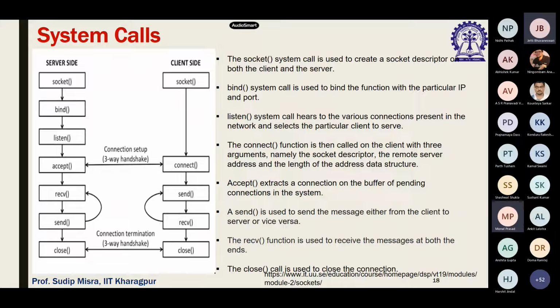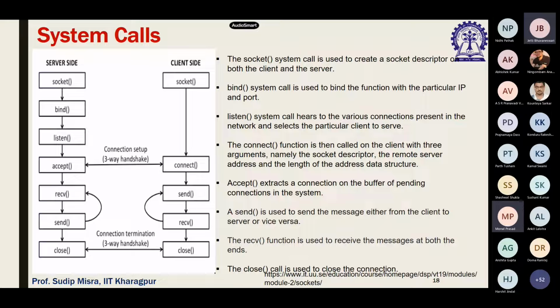Then once that is done, the server goes to the listen mode. Listen means it is like listening, right? Whether any request is coming to it or not. So it will try to hear whether there is any connection that is coming to it or not.